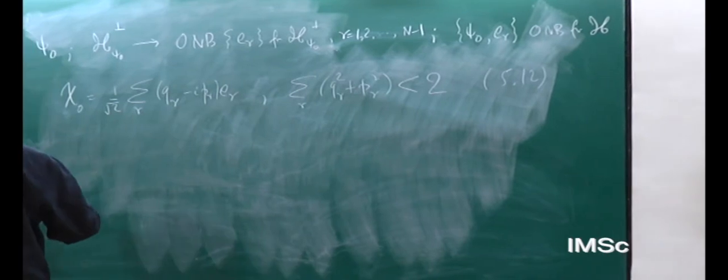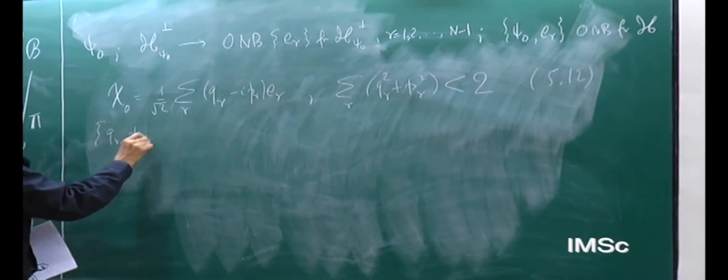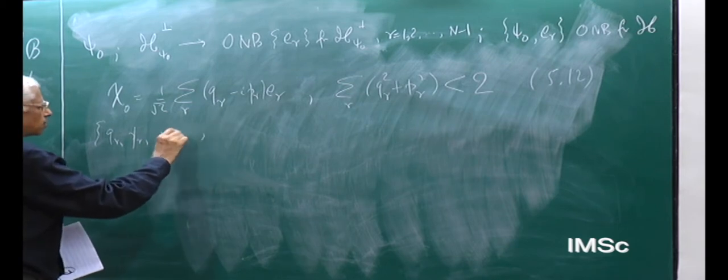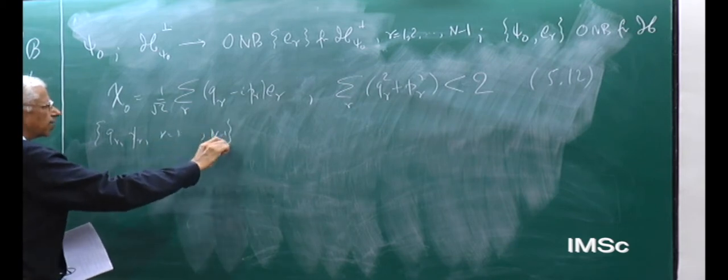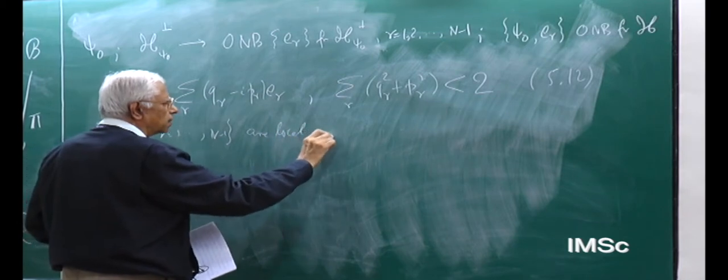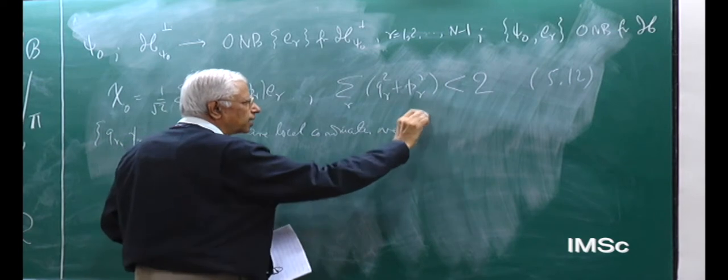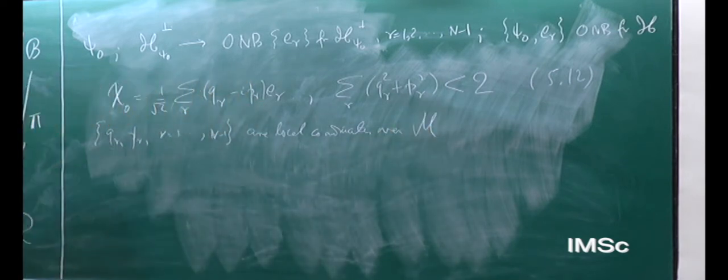That the set qr, pr, r equals 1, 2 to n minus 1 are local coordinates over the region M of ray space.